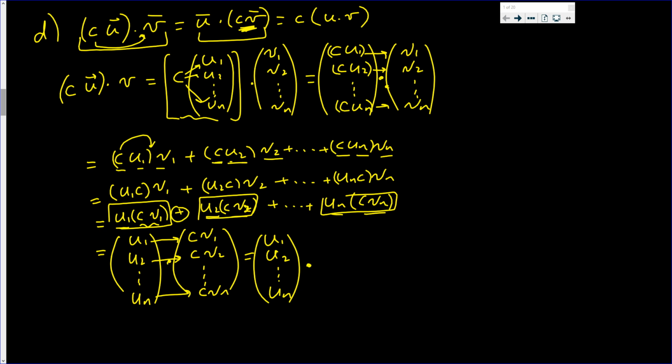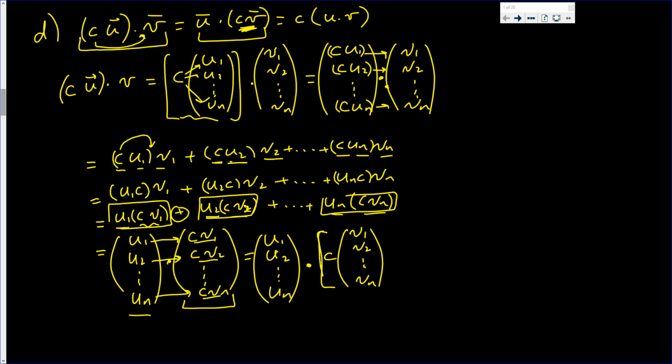So we have u1, u2 up to u sub n, dotted with. Now, since each one of these n numbers has a factor of c, I can factor out the c. This is c times v1, v2 up to v sub n. And remember, it was u dotted with this.